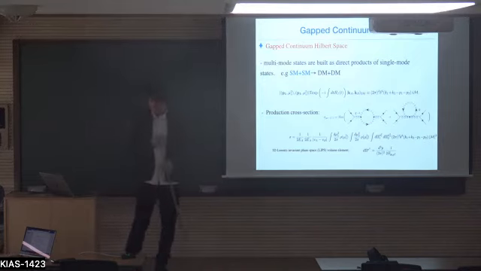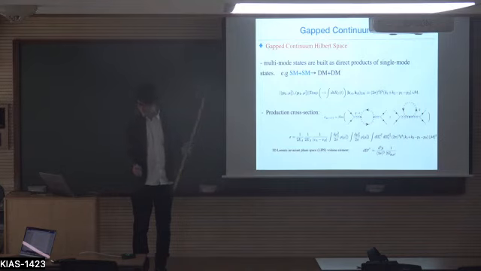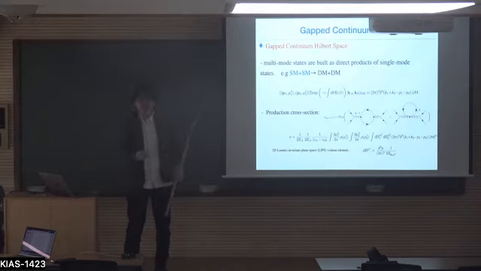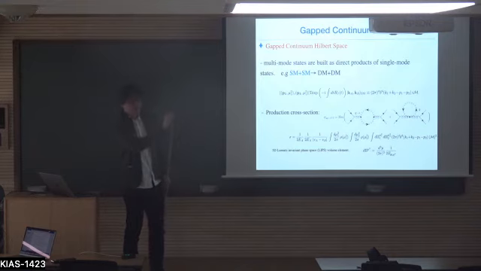It's a quantum state. Whether it's realized as a continuum, a very narrow resonance, or a very broad resonance, you still produce quantum states. So there is a production cross section of the two-continuum pair. Continuum pair means each one you produce, for example, in the accelerator.